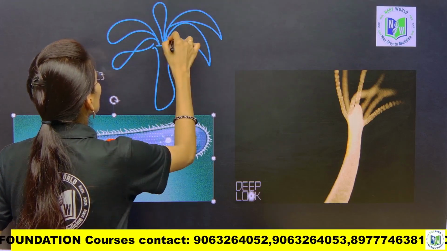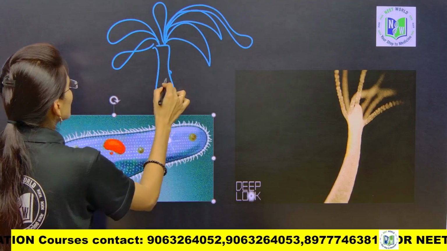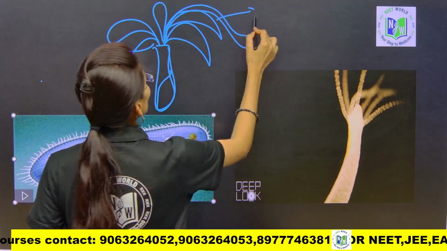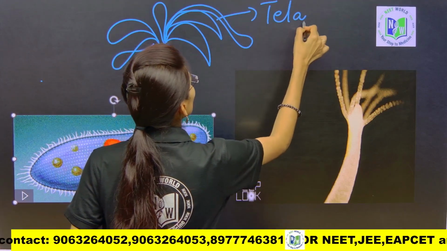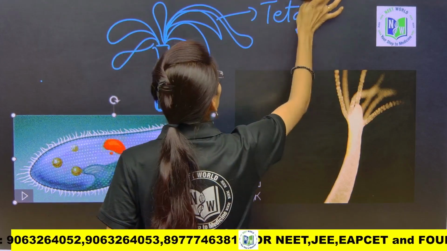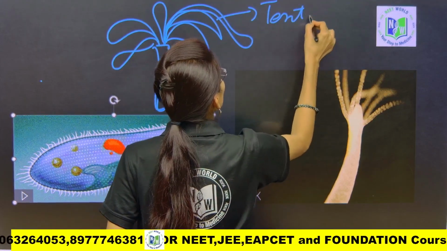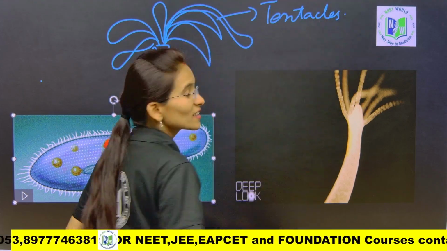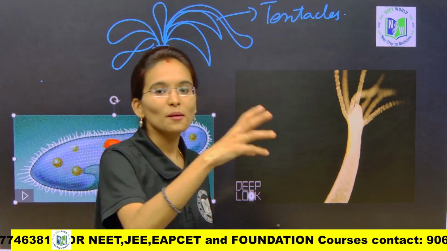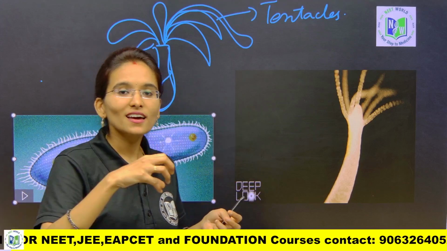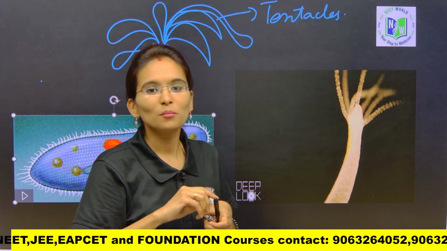So these are the tentacles. With the help of the tentacles, it is going to trap the prey and take it inside the body.